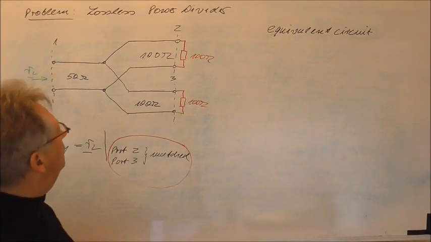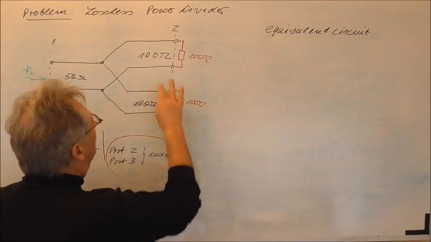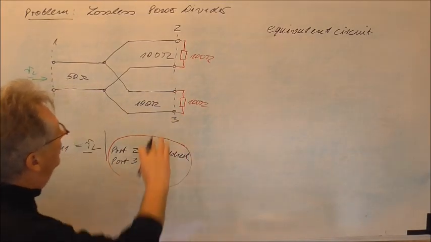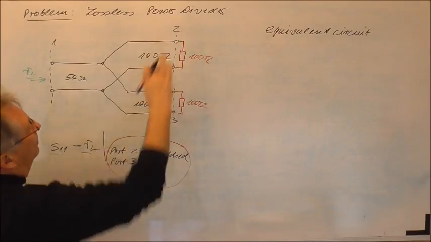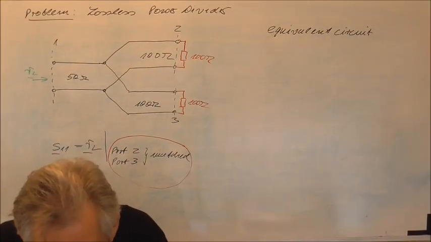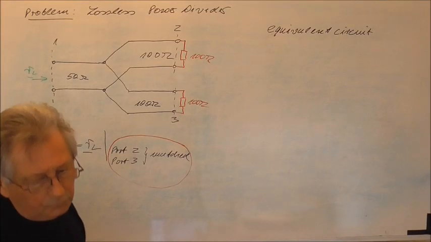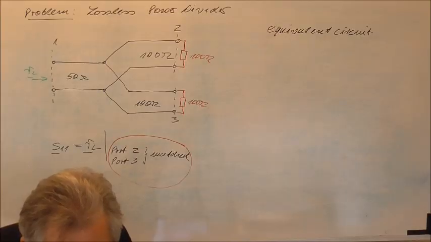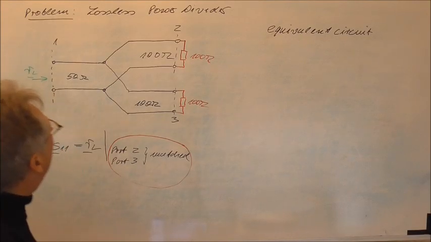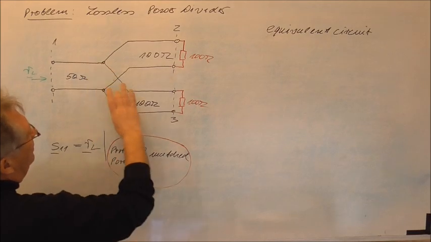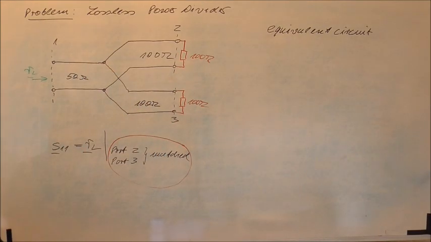Yeah, here is port 3. Perhaps I write the 3 here. This is port 3. This is port 2. In both ports we have 100 ohm now. So can we consider each wire as a different branch like that, right? Oh, okay. So this is one transmission line, 100 ohm, and this is the other transmission line. Okay. Yeah.